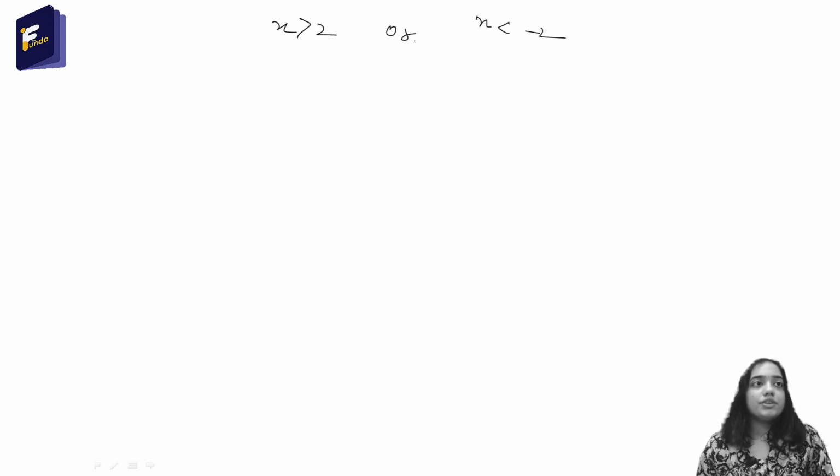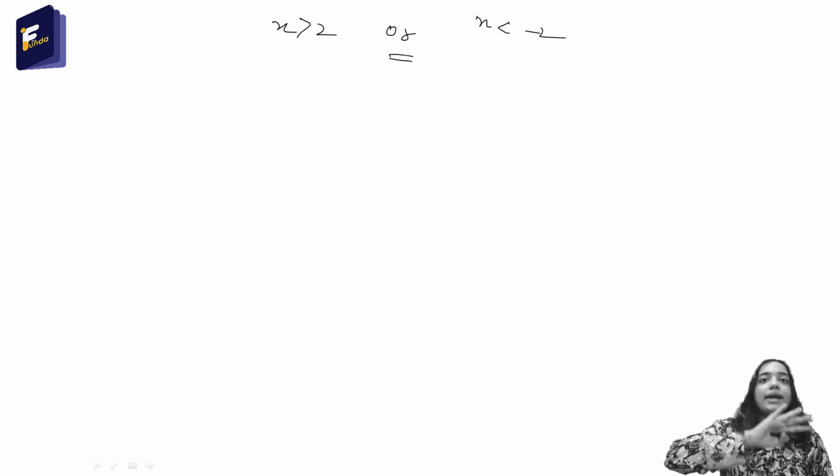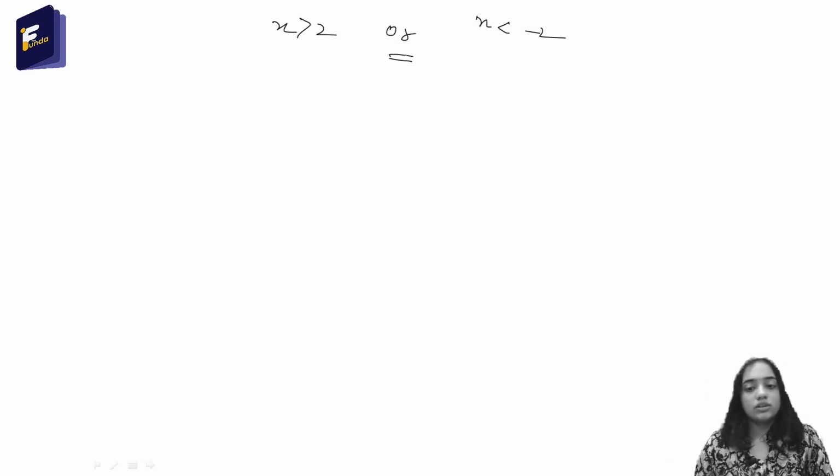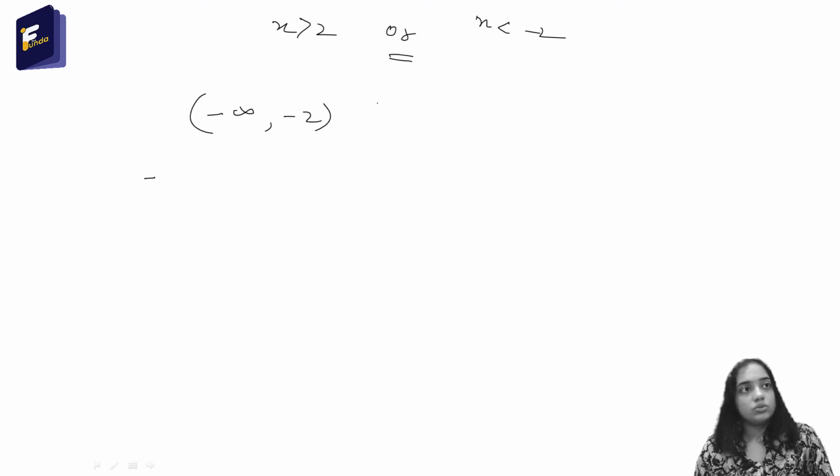So if we are saying or, then it will be a union, we will combine these two answers. The way we write it is minus infinity comma minus 2, an open interval, because it is not greater than or equal to, union 2 to infinity. So this is our final answer.